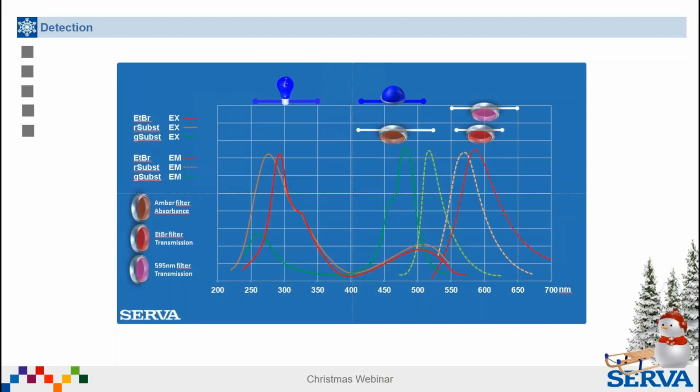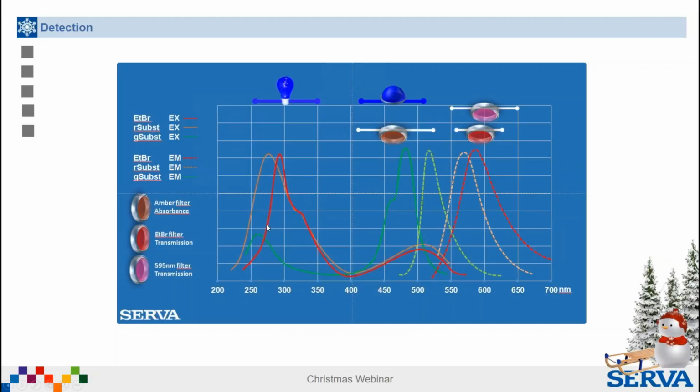What they do not tell is that you maybe cannot detect it with the same light source. So people think, well, I used ethidium bromide with a UV table and I just take the substitute and get the same results. That is wrong. And why it is wrong, I show you here.